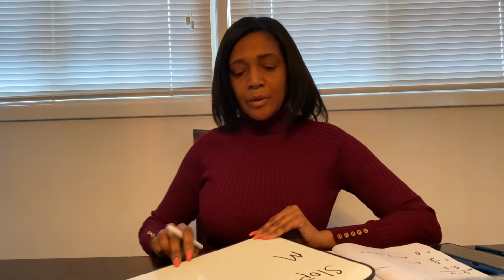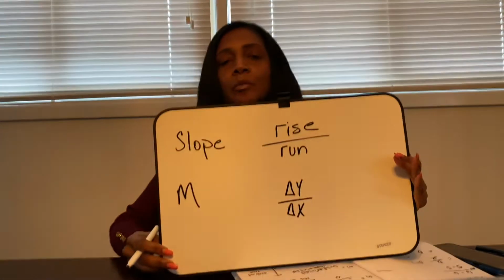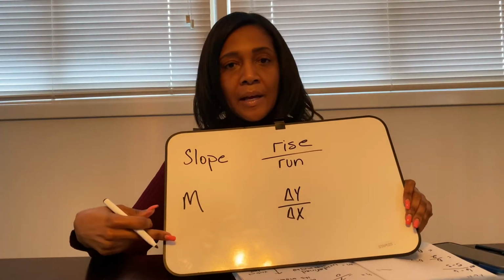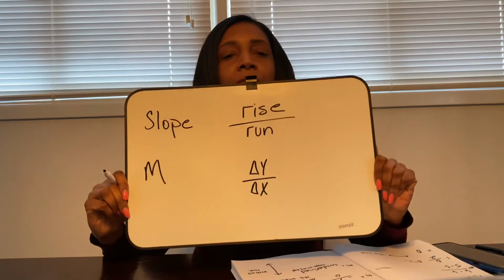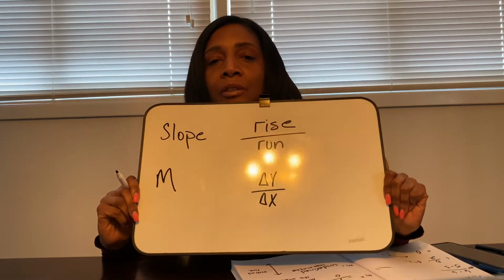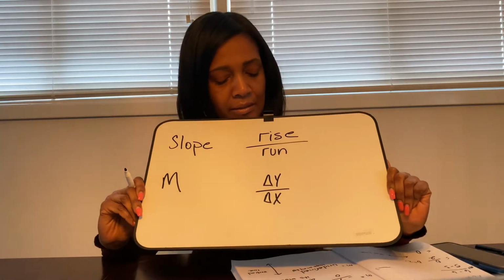Here are a few of them. You may simply be asked to find the slope, to identify M, to identify the rise over run, and to identify the change in Y over the change in X.